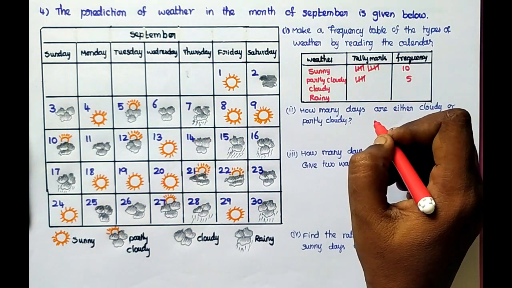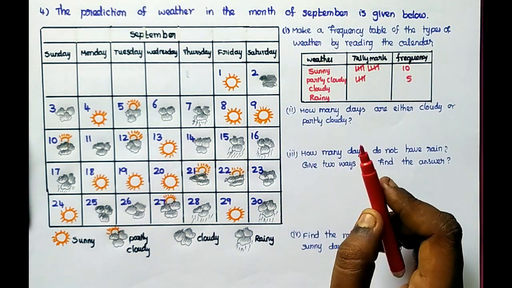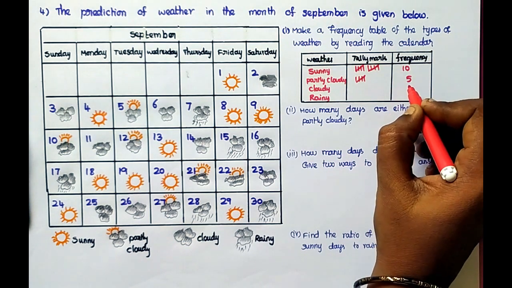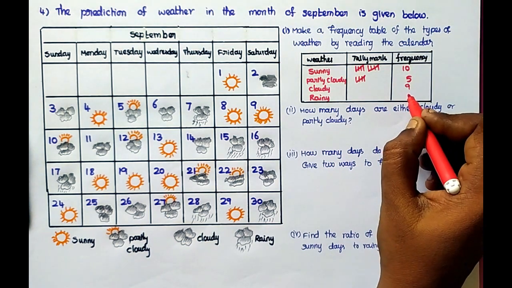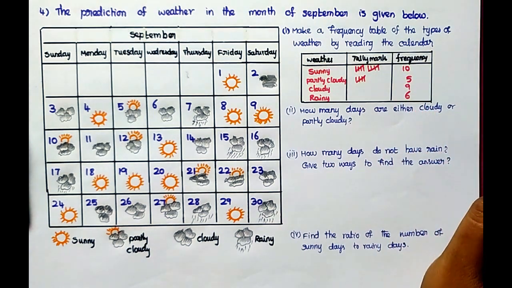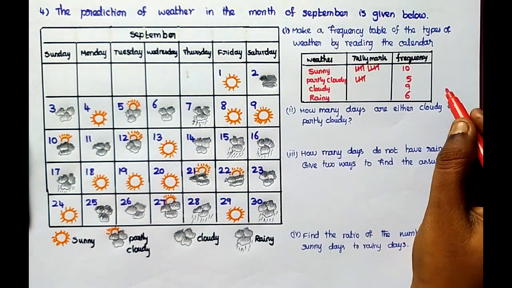And then cloudy, 9. And then rainy weather, 6. Totally 30.